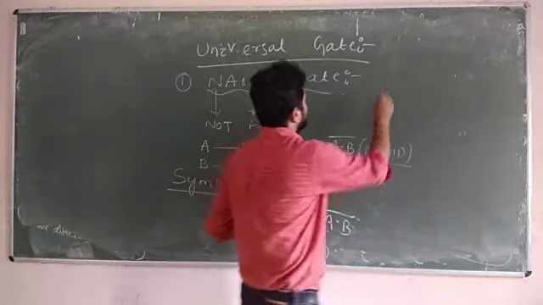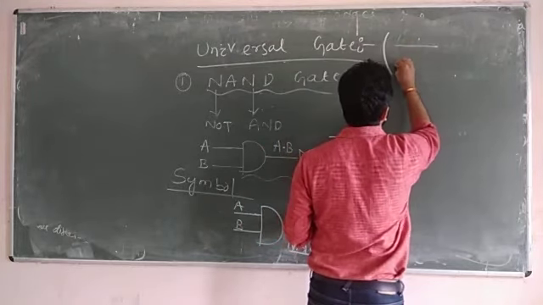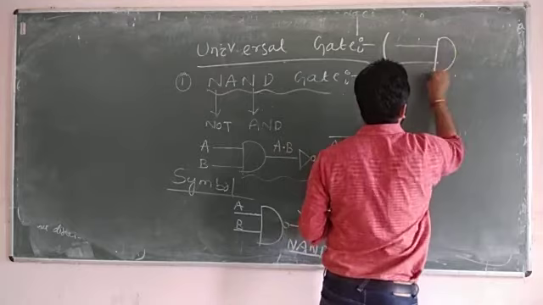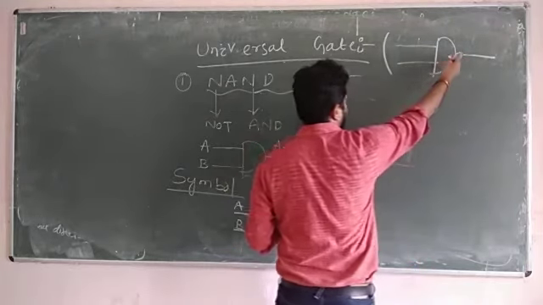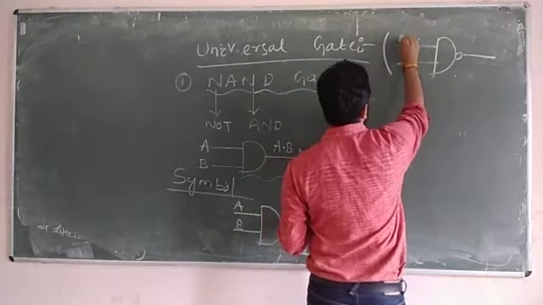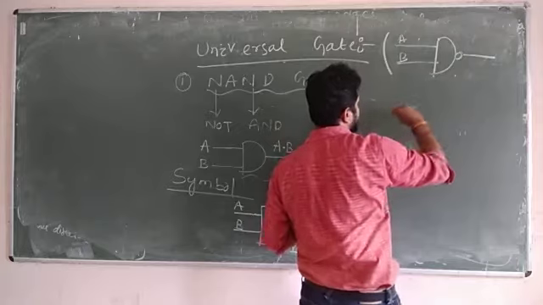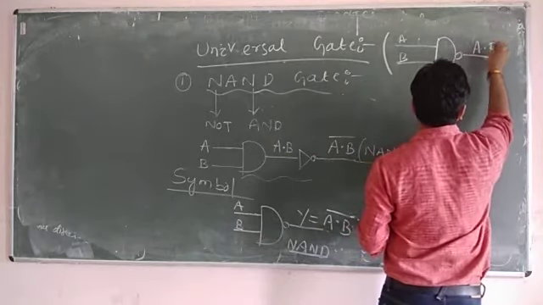So, I am drawing again the symbol for your NAND gate. AND gate cascaded with NOT gate, then you will get your NAND gate. If I give the inputs as A and B, what will be its output? Output will be A and B whole complement.